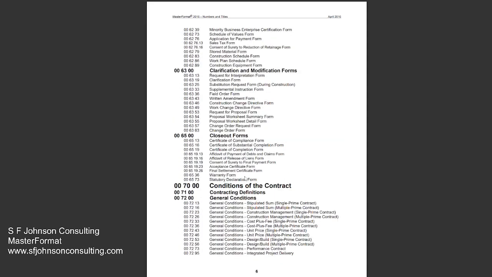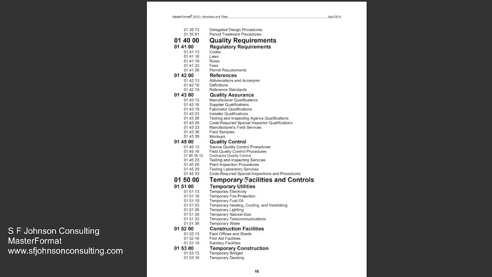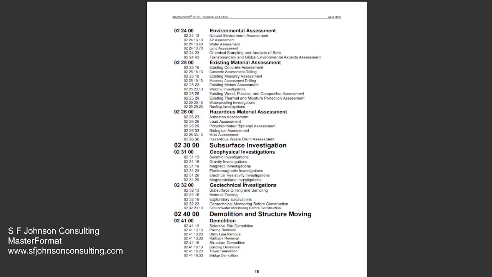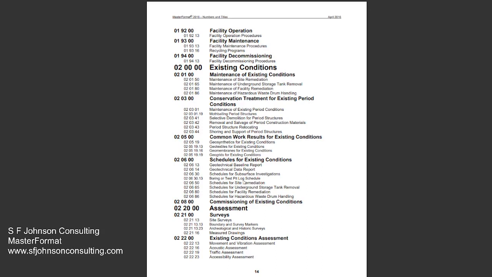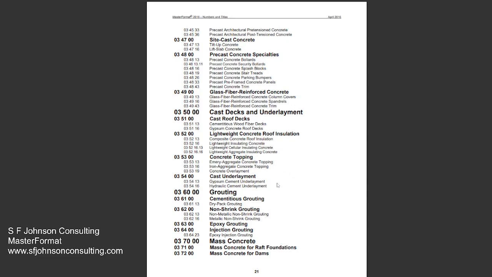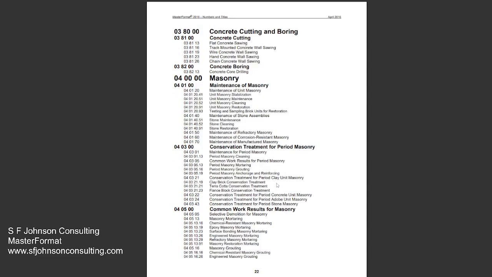And then you just go through. If you are into maybe the demolition, then we're going to go to existing conditions, and that's 02 00 00. Again, the master format is the full listing of everything in construction that you could possibly do.